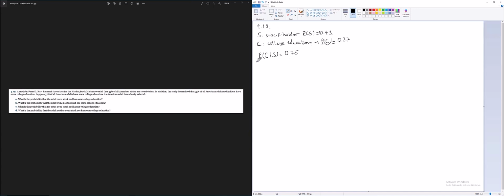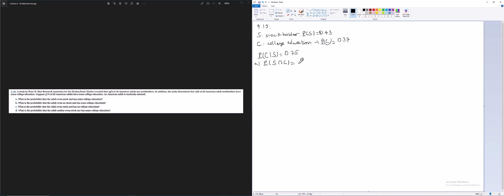So let's go to the first part. We need to find the probability of an American chosen at random being a stockholder and having a college education. So that's the probability of S intersect C. Now we can see that we have P of C given S, and we can use that to compute the intersection's probability.